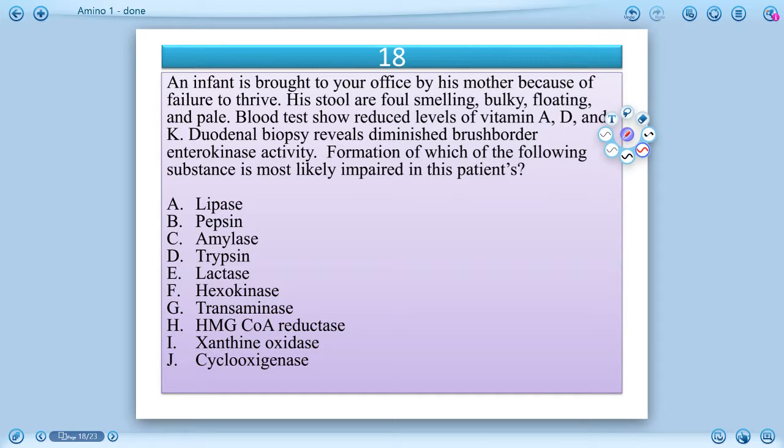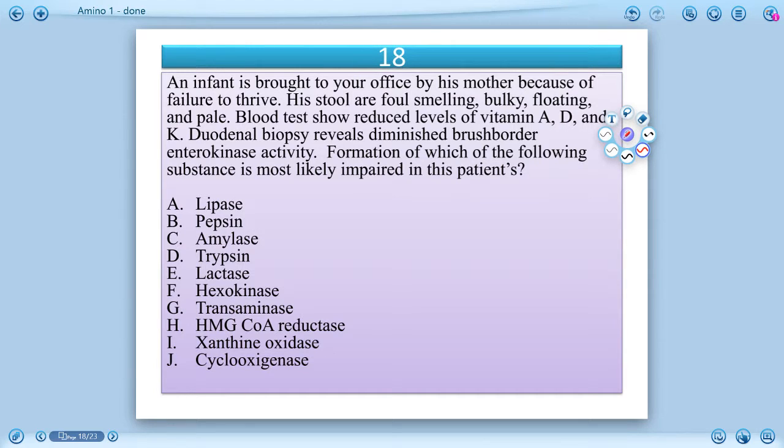For fat-soluble vitamin absorption, you need lipids and bile acids. Further, it tells you his stools are foul-smelling, bulky, floating, and pale. This is steatorrhea, fatty diarrhea. So this person is not able to break down and absorb lipids.